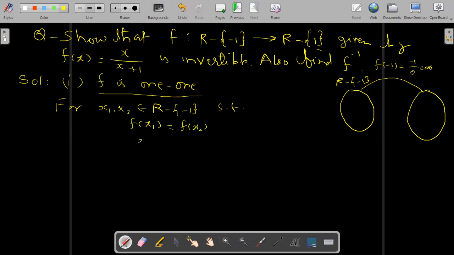So x1 upon x1 plus 1 is equal to x2 upon x2 plus 1.